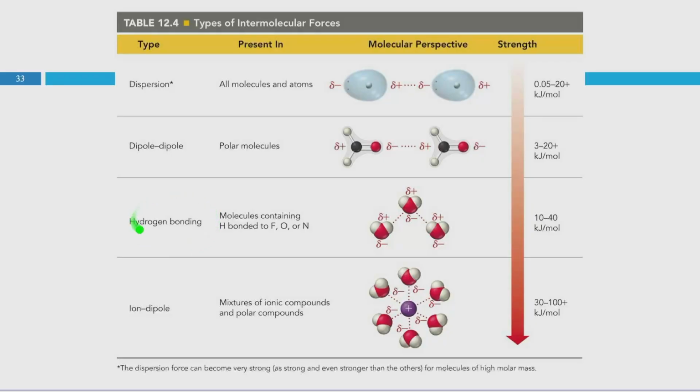And then hydrogen bonding, which occurs between anything that's got those three specific bonds, HF, HO, HN, is even stronger. And then our ion-dipole force is much, much stronger than any of those.